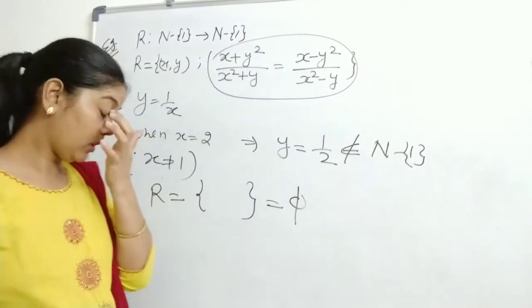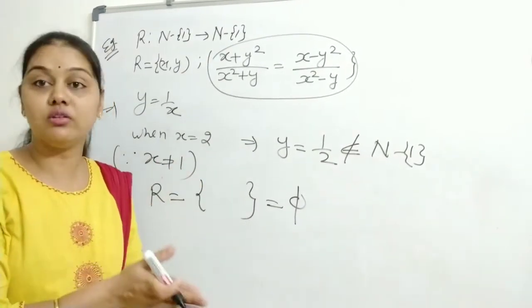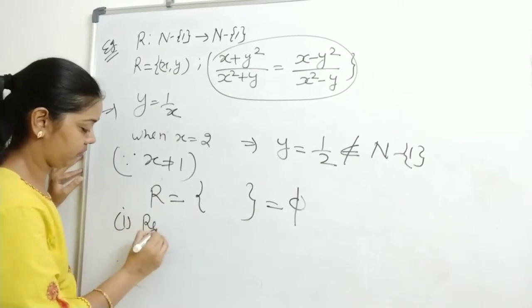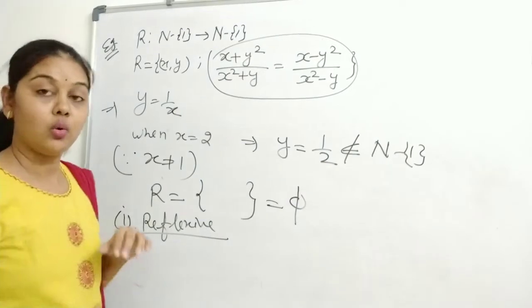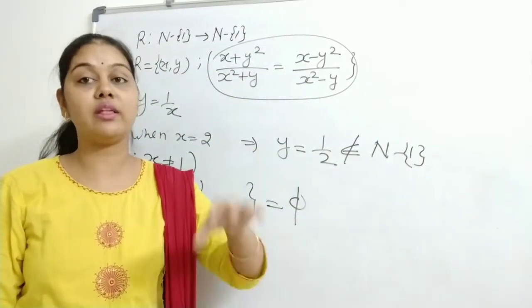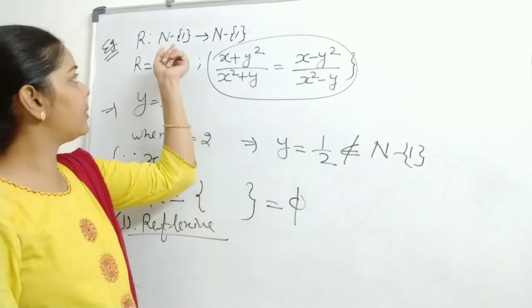Now, check first whether it is reflexive or not. What I said earlier: for reflexive, all the elements must be related with themselves. What is the first element of N minus 1?